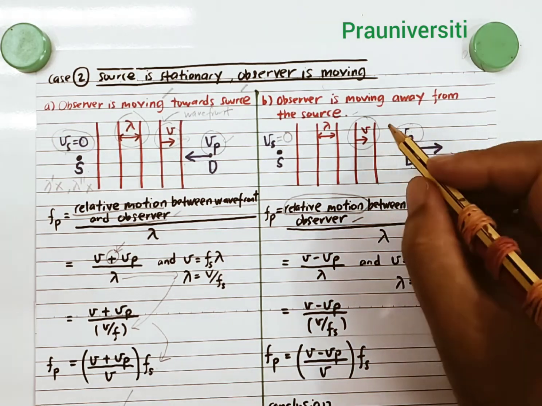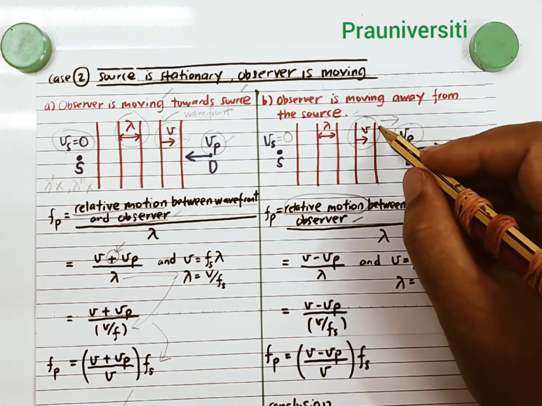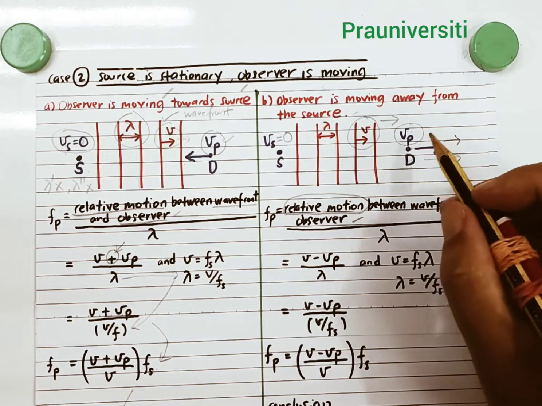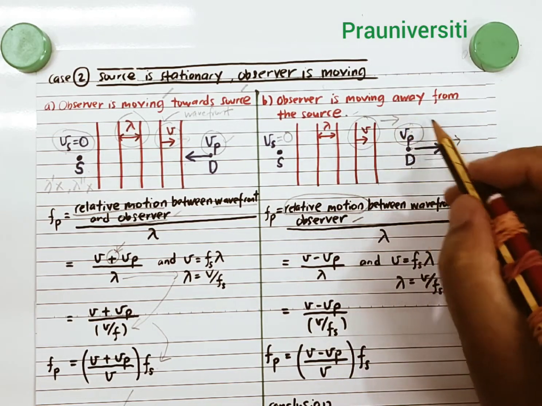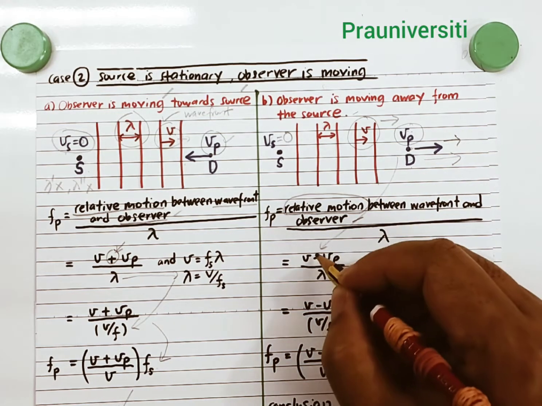Because the wavefront is moving here and the observer is also moving here, both V and Vp are in parallel, so we have to use the negative.